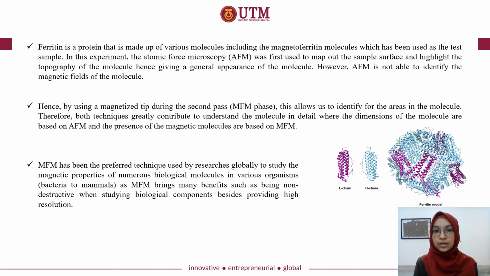In this experiment, atomic force microscopy, known as AFM, was first used to map out the sample surface and highlight the topography of the molecule, hence giving a general appearance of the molecule. However, AFM is not able to identify the magnetic fields of the molecule. Hence, by using a magnetized tip during the second pass in the MFM phase, this allows us to identify the magnetic areas in the molecule.